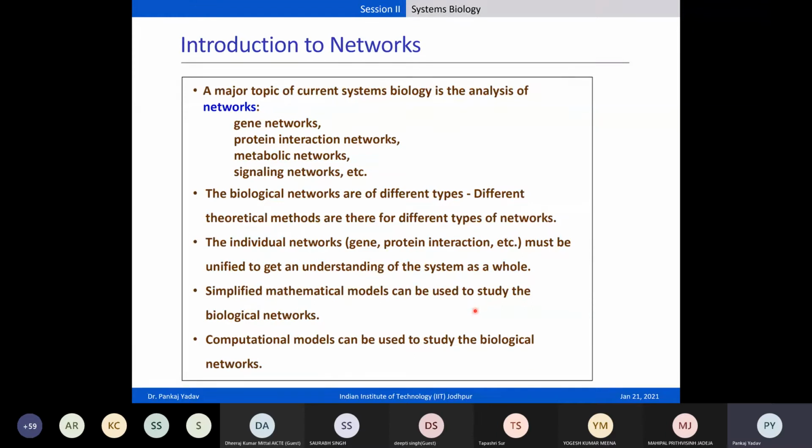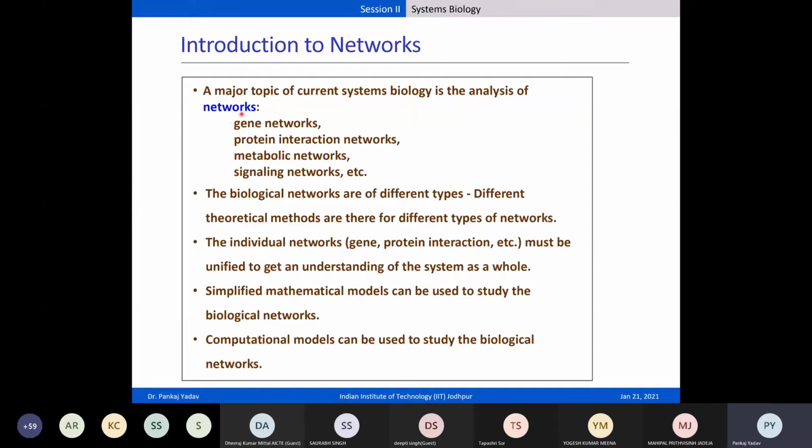Now coming to networks. As I was saying, networks are basically a collection of nodes and edges, the connections between them. Nodes can be anything. You can have genes or proteins, and a major topic that we have in systems biology is networks.